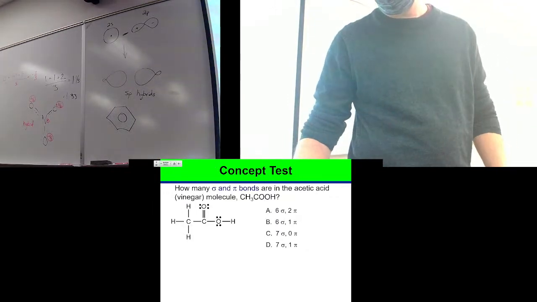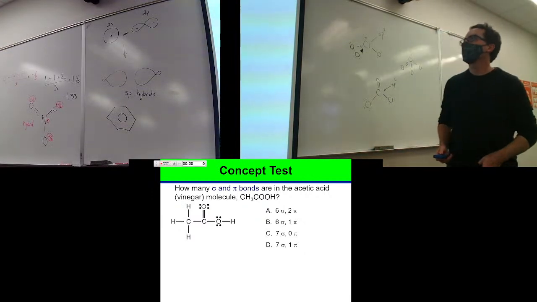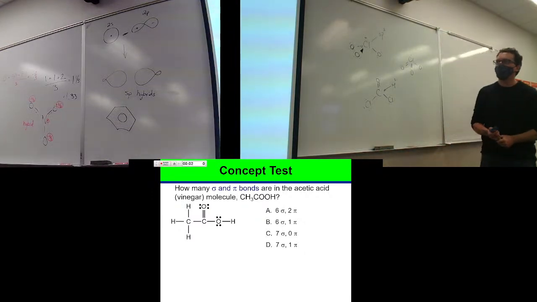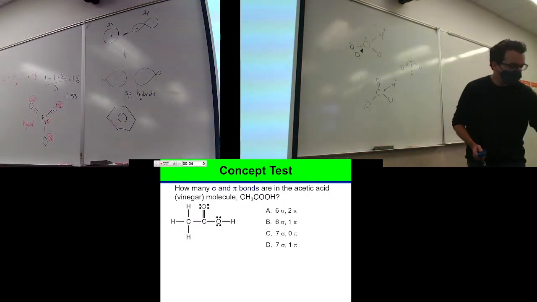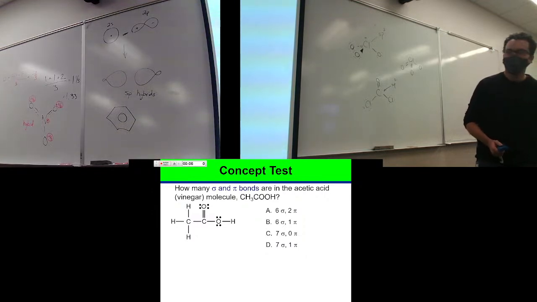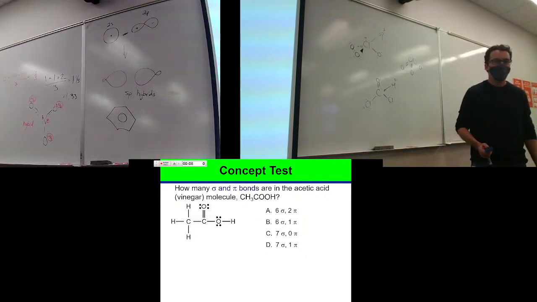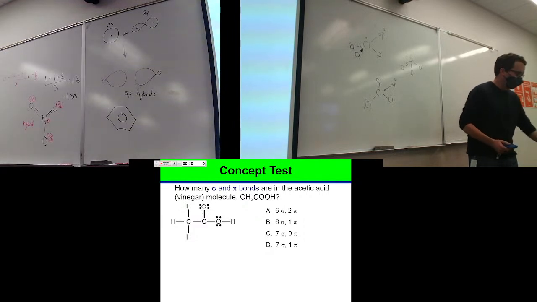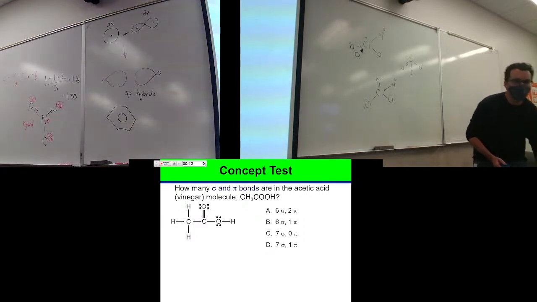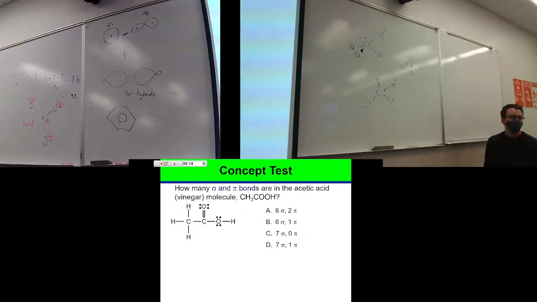All right, here's where it gets tricky. Why don't you guys answer this? How many total sigma bonds and pi bonds are there in this thing? Sigma and pi, not single and double. There's a distinction.